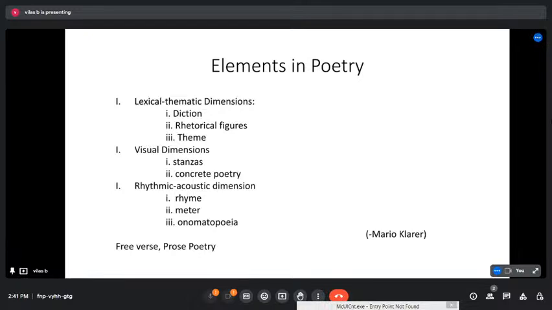So the concrete images, for example, the poem by Ezra Pound, In a Station of the Metro. In these two lines, we find clearly the image of the railway station and how the crowded station looks. There is a poem, The Red Wheelbarrow.